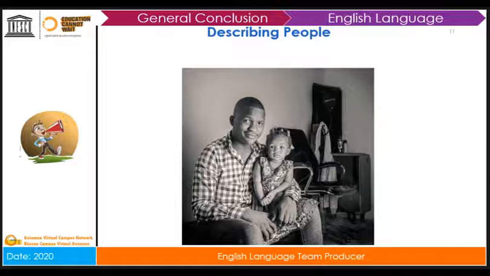You can also describe people by talking about their sex, that is, whether the person is a man or a woman, and by talking about their age. For example, is it an adult or a child? Is it a boy or a man, a girl or a woman?